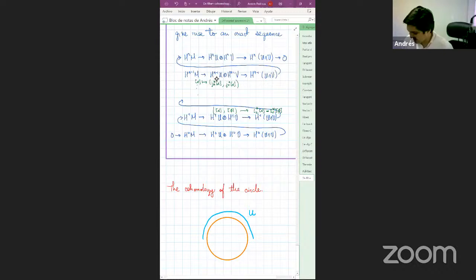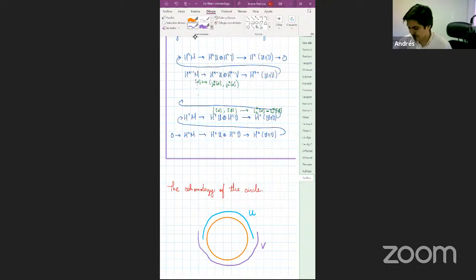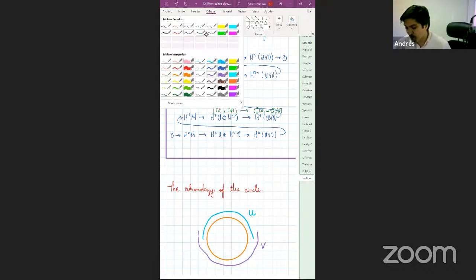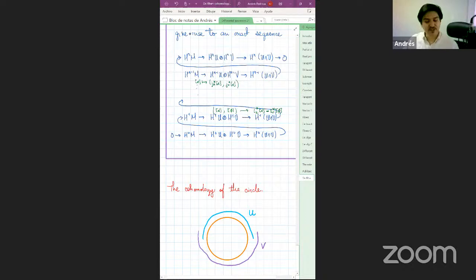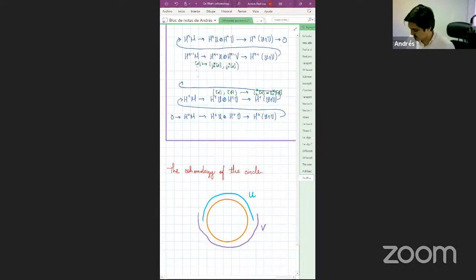And I'm going to take V, something like this. Okay? They are open sets, and the union is the whole circle.